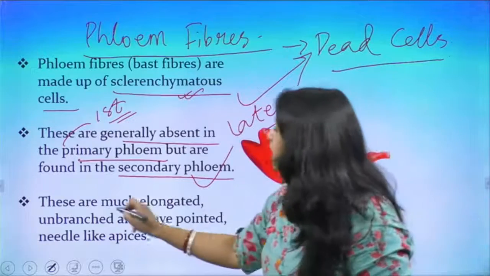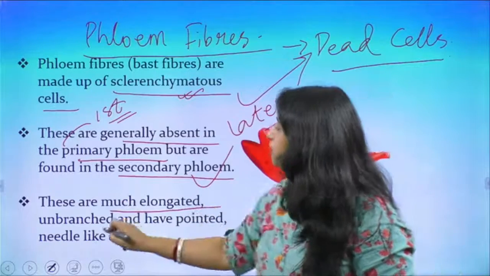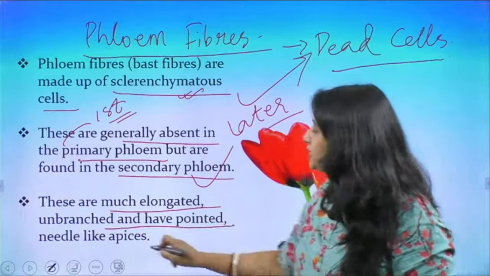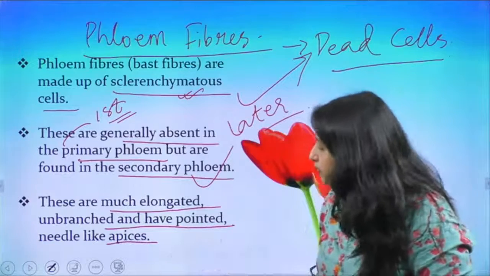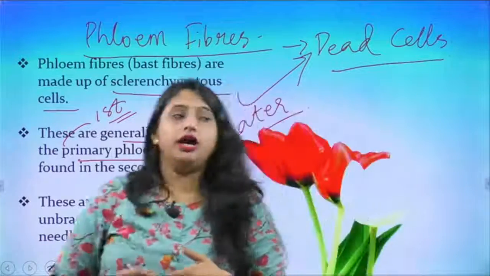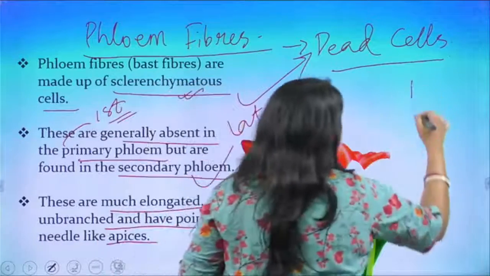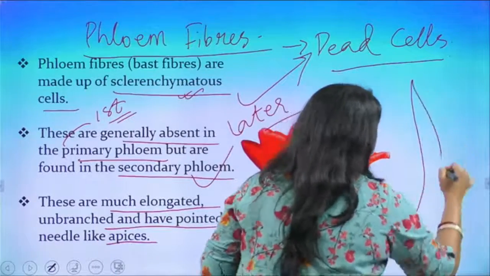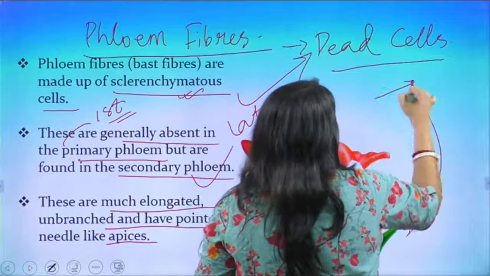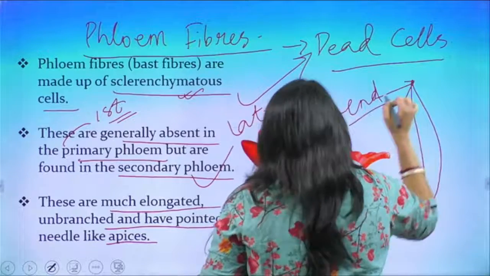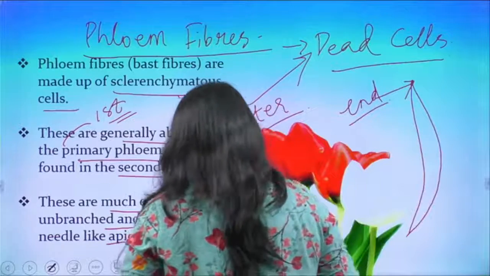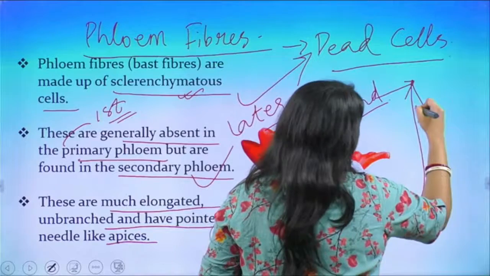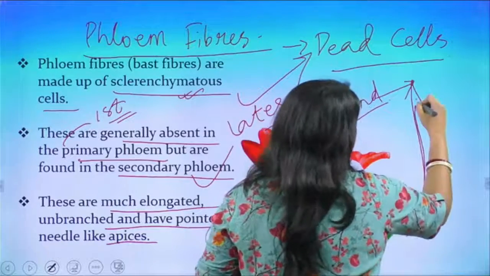So next, they are much elongated, unbranched and have pointed needle-like apices. Okay, so how are they? The shape is elongated, right? So it will be like this. They have got pointed end, right, which is known as needle-like apices. So they have got thick cell wall.